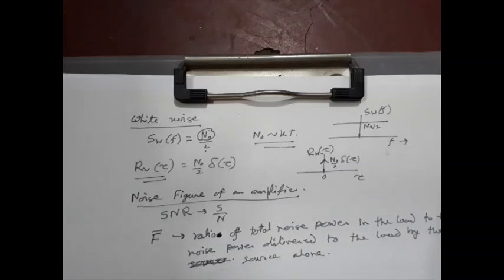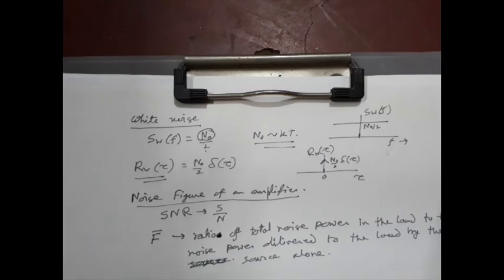So this is called the spectral noise figure. Now in terms of power spectral density, it is the ratio of the total noise power density in the load to the noise power density delivered solely due to the source.